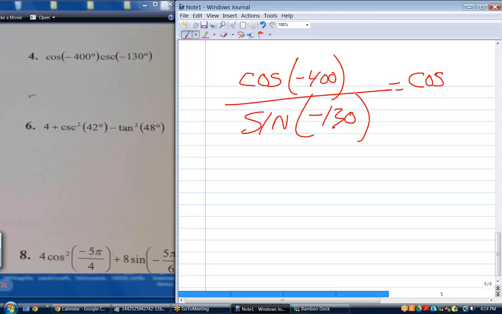Right. In other words, I add 360 to that. What do I get? -40. And then because cosine is even, that's the same as cosine of 40. Okay? All right. Now, that's the same as minus sine of 130. All right.